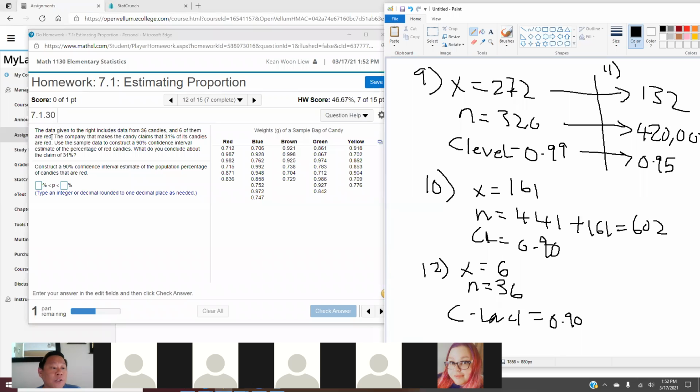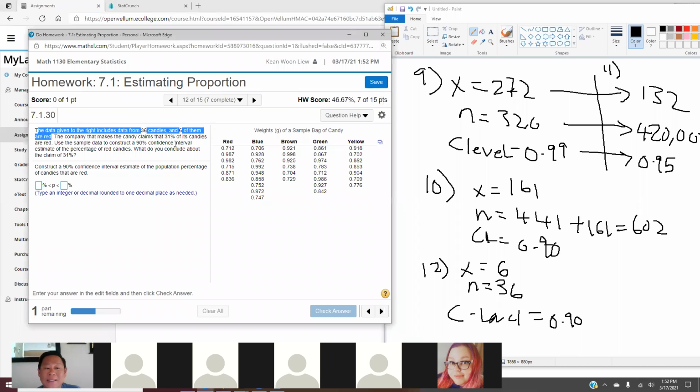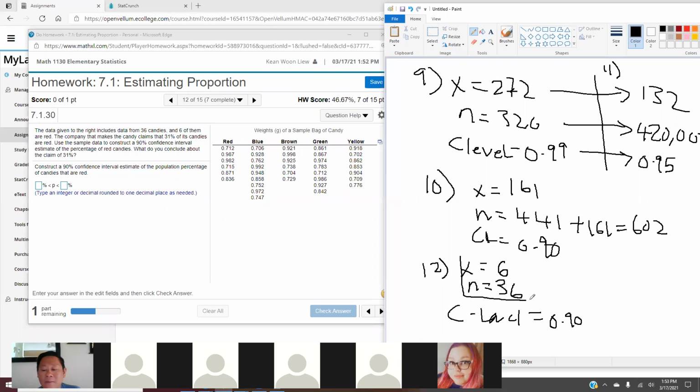Now, because it's given to you in the first sentence, right? What happens if this first sentence is not given to you? Can you still figure out your 6 and your 36 here? How you figure out 6 is you count how many candies are red.